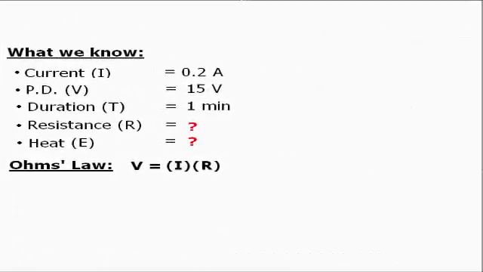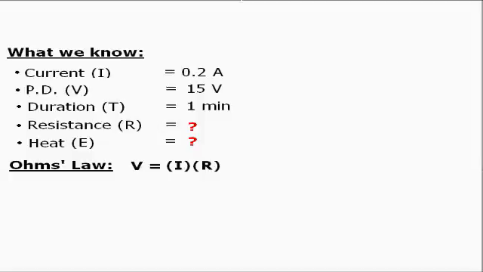Ohm's law tells us that the potential difference is directly proportional to the current of the electric circuit, where V is the potential difference, I the current, and R the resistance of the electric circuit.